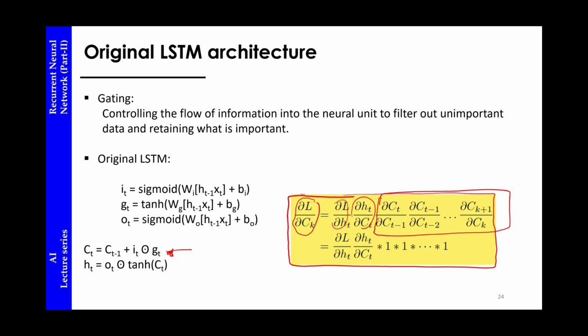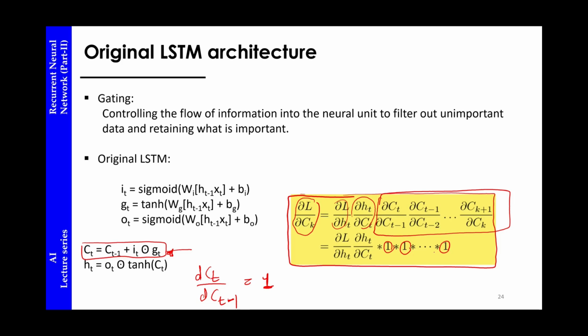Given that we have this function for C_t, if we calculate the derivative of C_t with respect to C_(t-1), we will get 1. And then we have multiple ones multiplied by each other, and we will not have exploding or vanishing gradients.